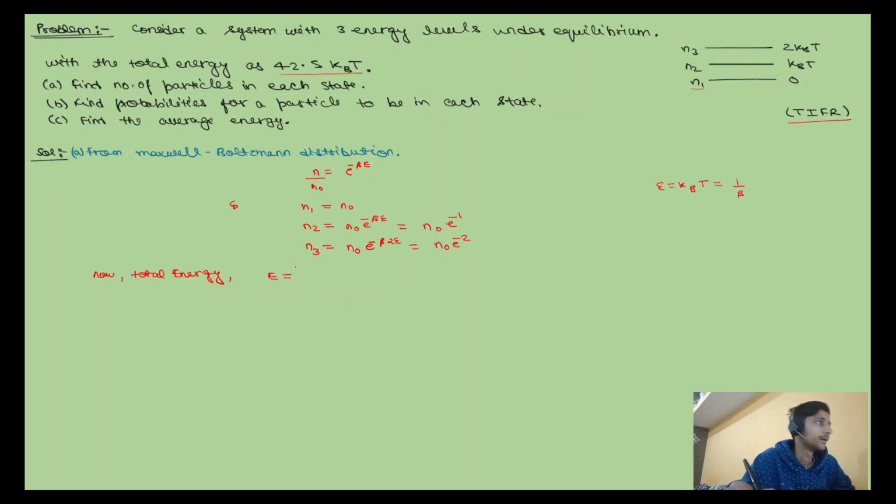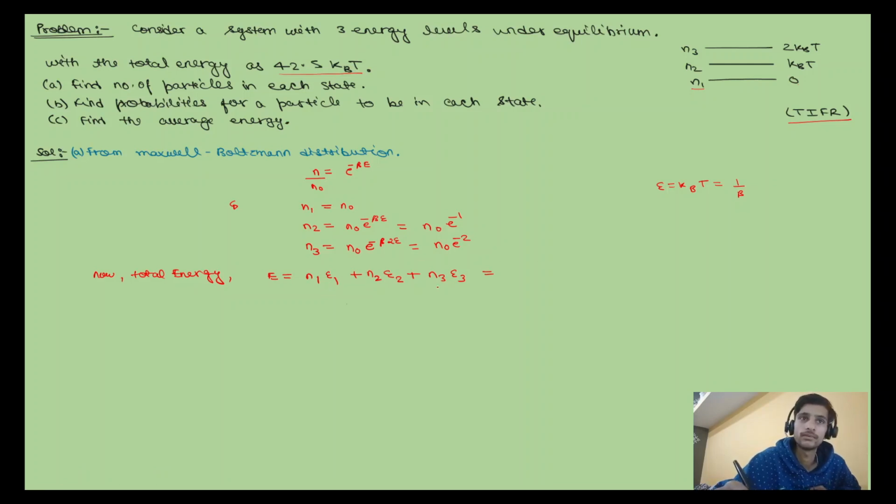The total energy will be the number of particles in the first state, then the number of particles in the second state times that energy, and the number of particles in the third state multiplied with that energy. So the total energy of the system is nothing but the multiplication of the number of particles with the energy of that particular state.